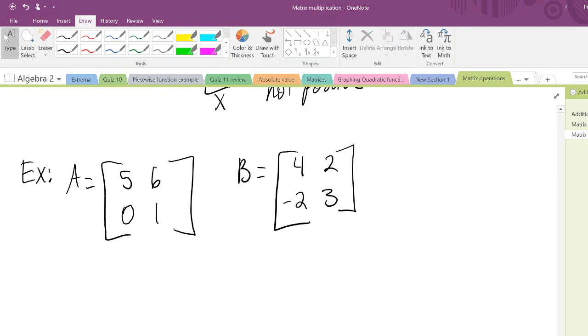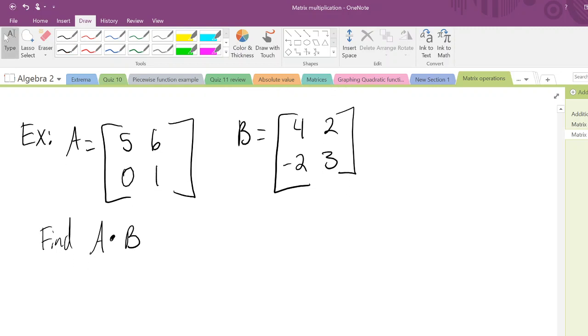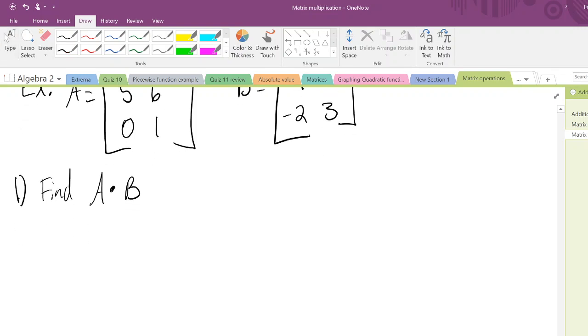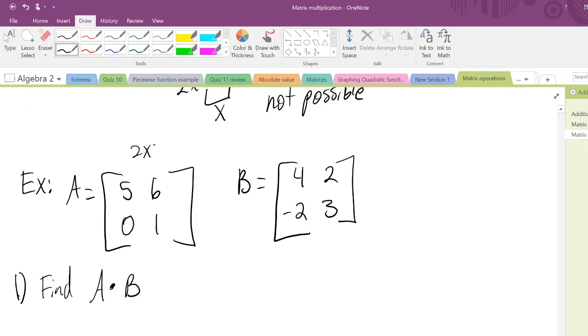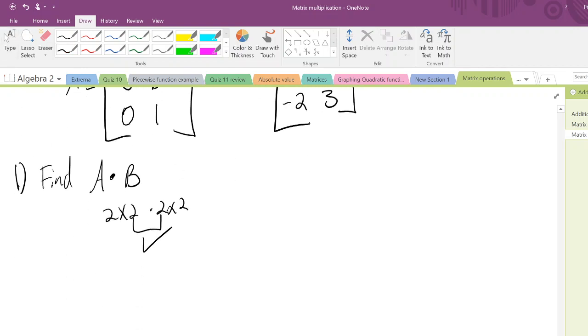Let's find A times B. So all I have to do, so this is a 2 by 2 times a 2 by 2. The insides match. So I know I'm going to be able to do it.